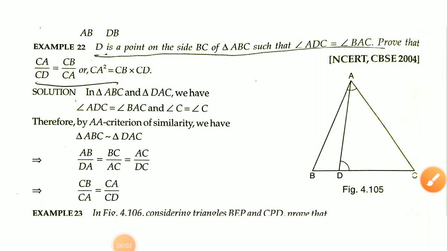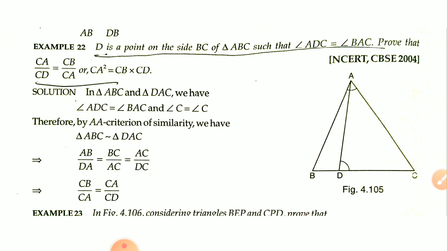Now we have to see some questions in the example. If we observe the figure, then it is given that D is a point on the side BC of triangle ABC such that angle ADC is equal to angle BAC.